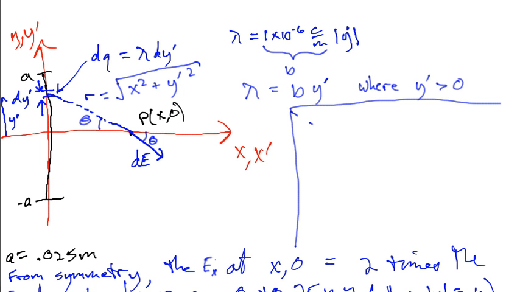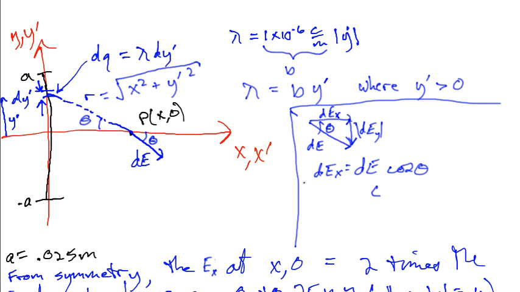So dE, dEx, and this will be the magnitude of dEy. dEx is equal to dE cosine of theta.